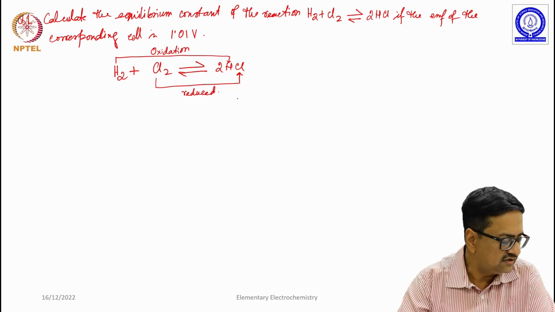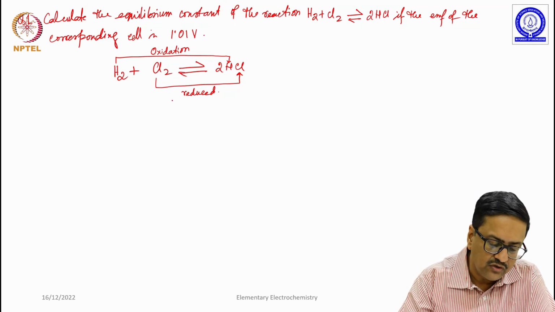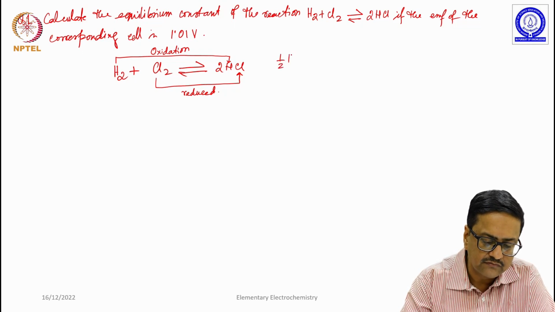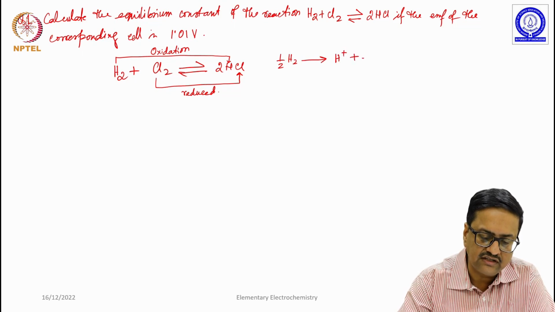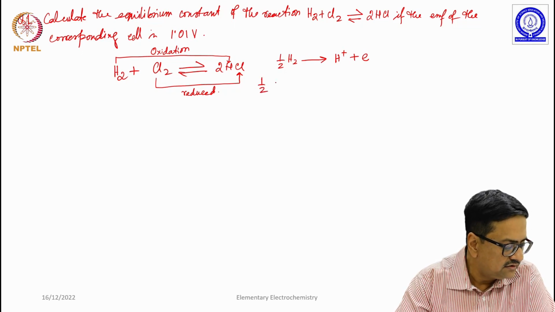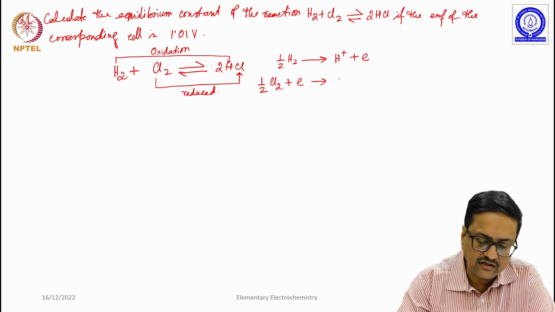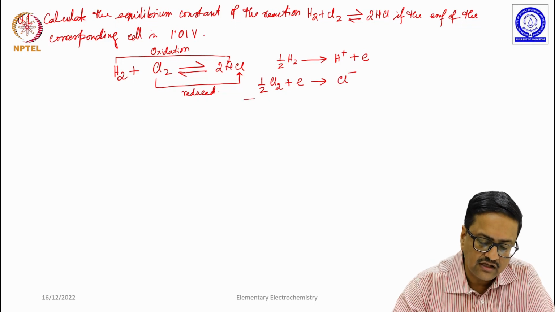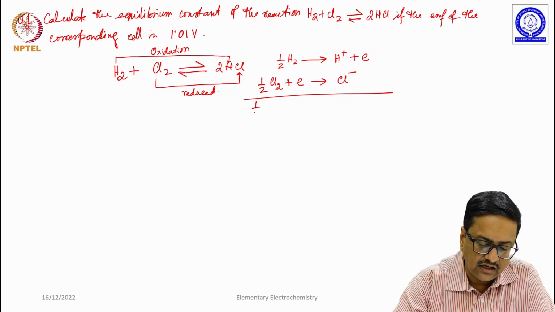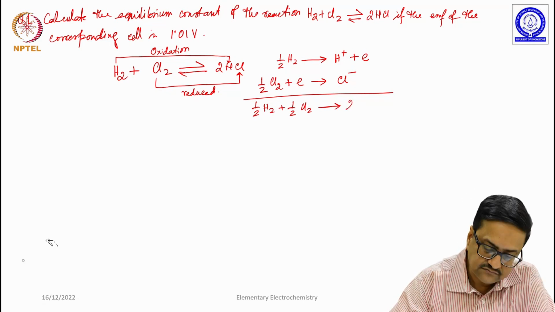If we write this reaction as two half cell reactions, one can write half H2 getting oxidized to H plus plus electron, and half Cl2 taking up one electron getting reduced to Cl minus, and the overall reaction is half H2 plus half Cl2 giving you just HCl.